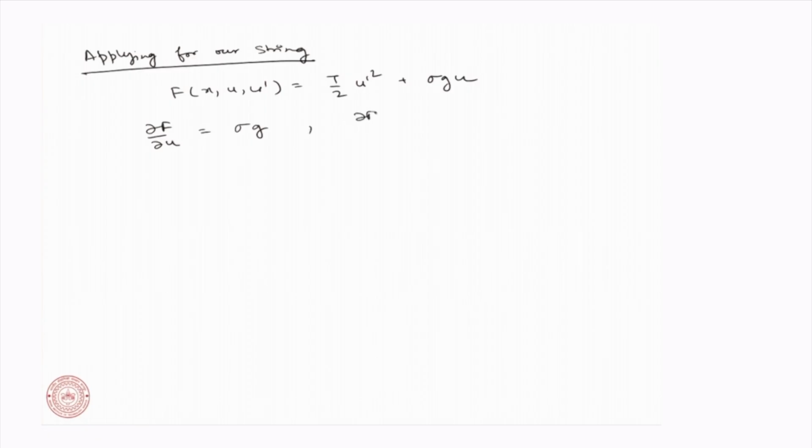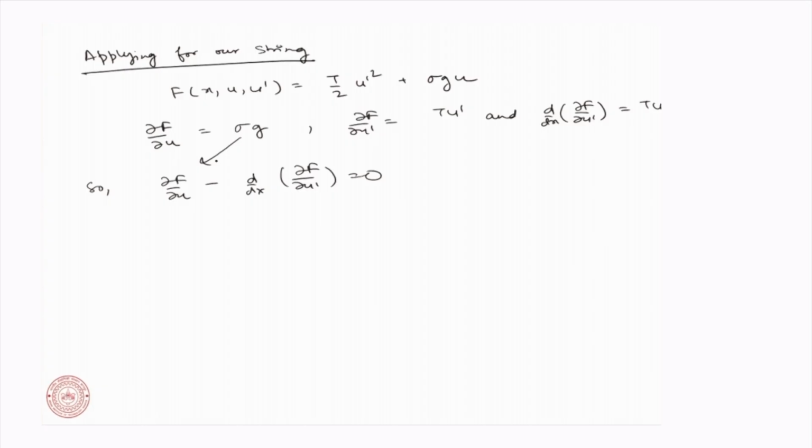Then del f by del u prime will be T u prime, and d by dx of del f by del u prime will be equal to T u double prime. Okay. So, our equation, which was earlier del f by del u minus d by dx of del f by del u prime equals 0, on substituting our variables gives sigma g minus T u double prime equals 0, or u double prime equals sigma g over T.